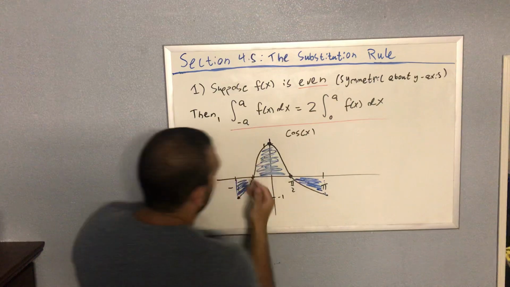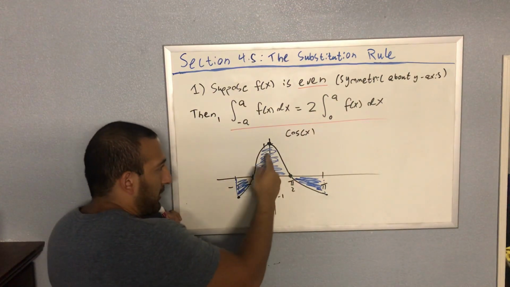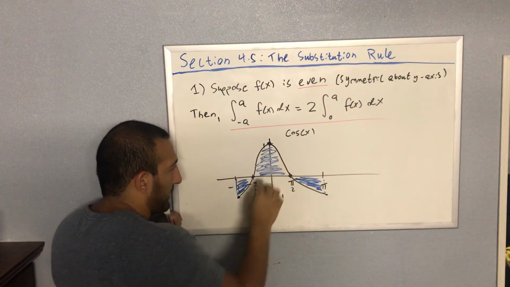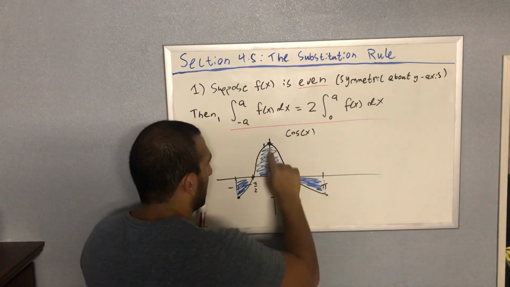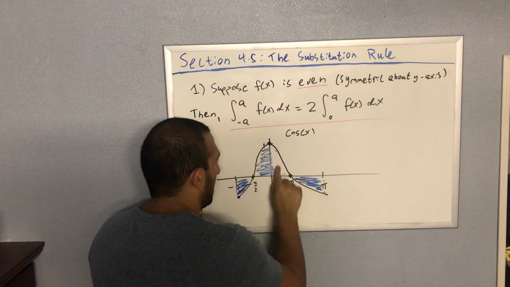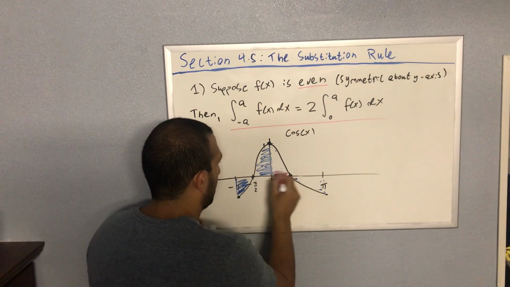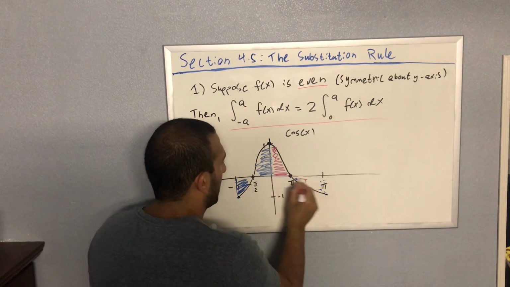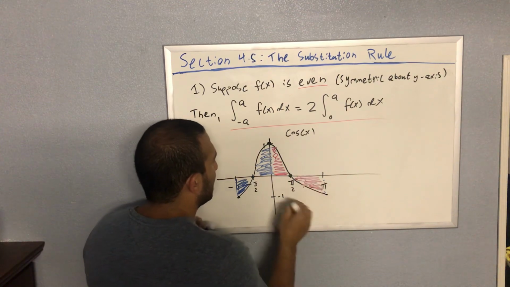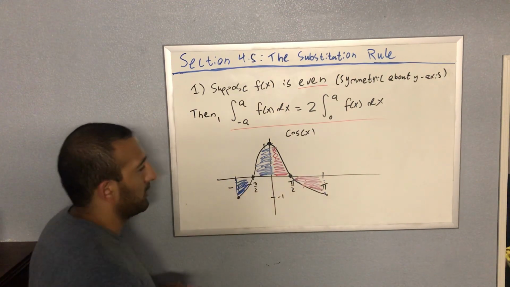That makes sense, right? Because if you look at the line that's dividing it, this area here in red is the same exact area as the one in blue.